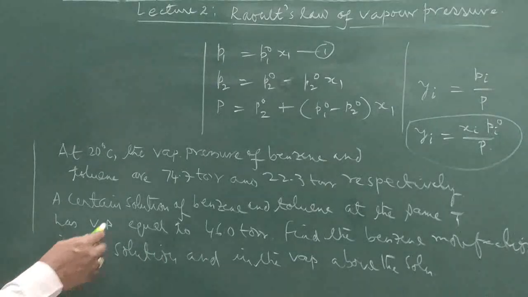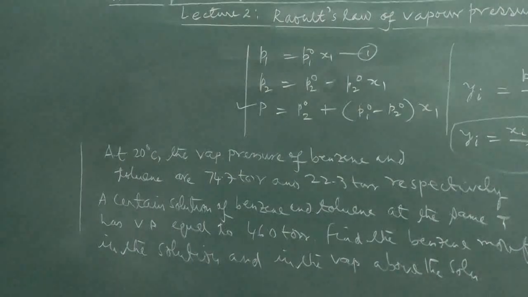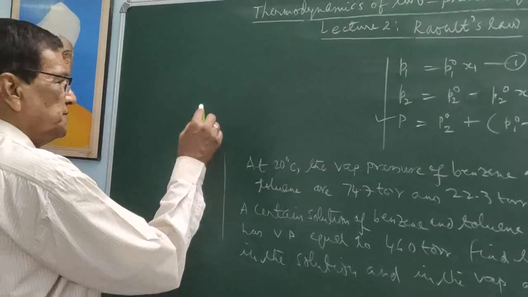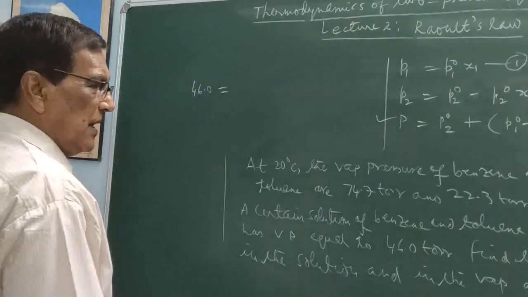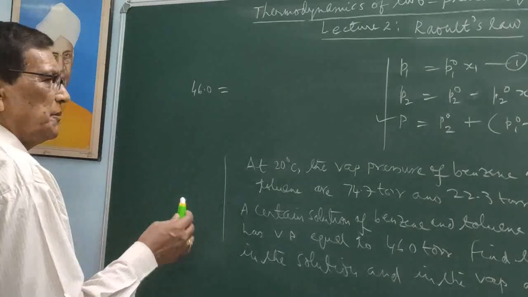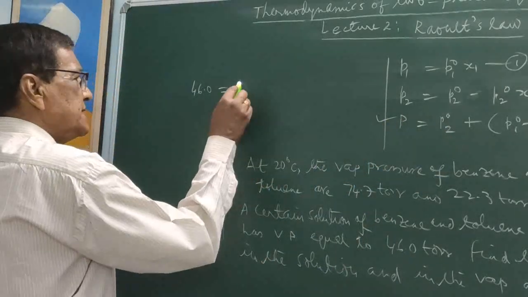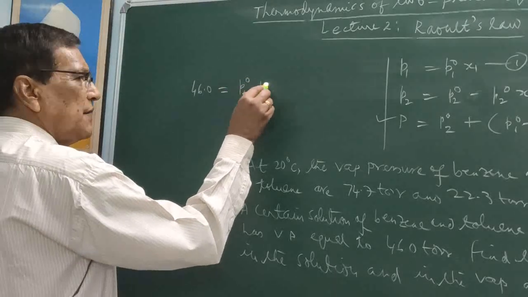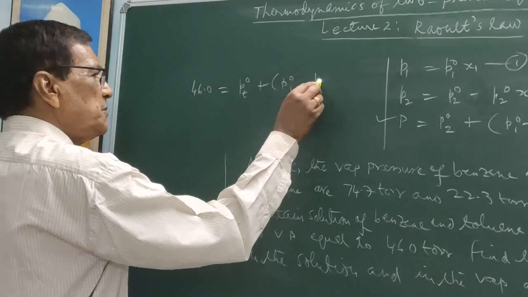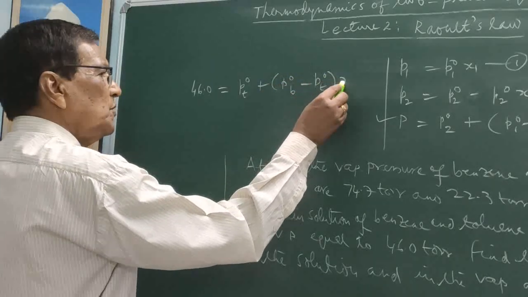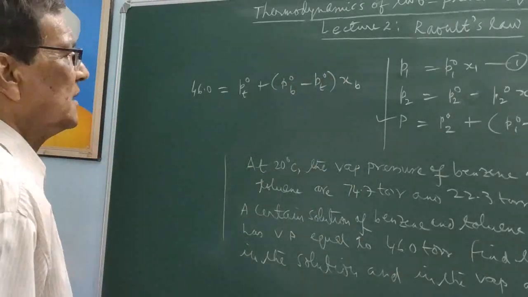So in this case, the total vapor pressure is like this, and we can substitute in this equation. 46.0 equals, with P2 for toluene, P toluene naught plus P benzene naught minus P toluene naught into X benzene.